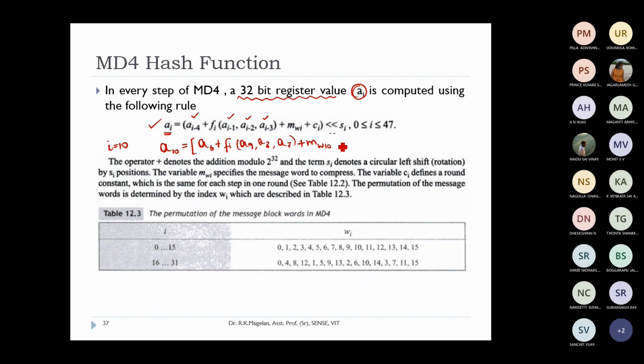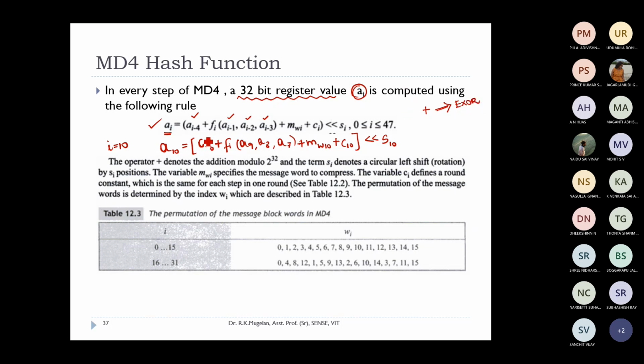I'll come to this one later. Plus C10. You will see what each and every step is going to do. And all this addition symbol denotes your XOR operation. So as I said, for all the computation in cryptography, all these things are XOR operations, right?